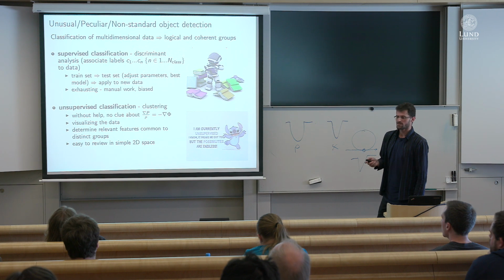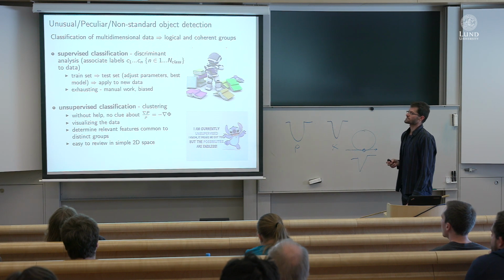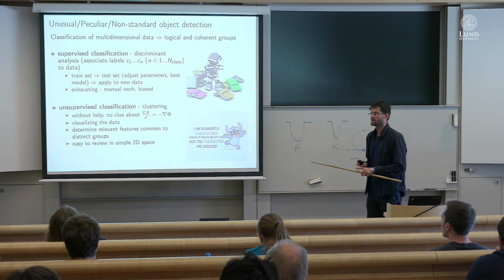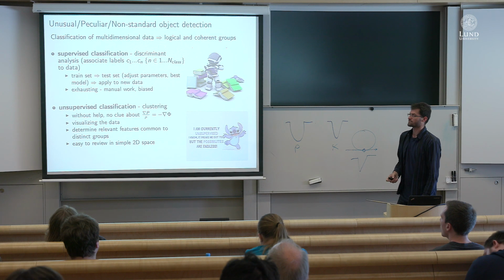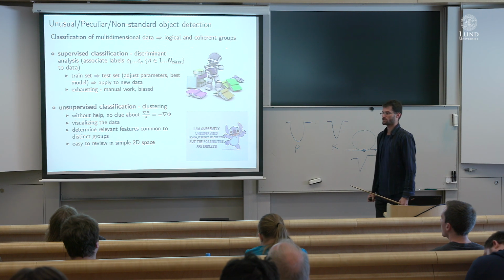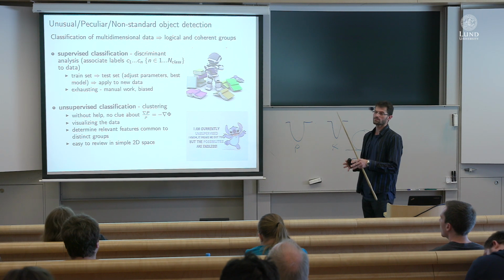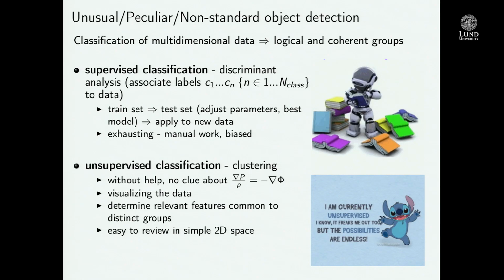We can do classification basically in two ways. So either it's supervised classification or it's unsupervised. With the supervised classification, you have to have some model and you have to feed it some training set. So you have to have a good training set with good labels, the labels that you trust for your example spectra in this case. And you can apply this trained model to new data, of course, later. But this involves a lot of manual work, so it's exhausting in a way, and it can be biased, of course.